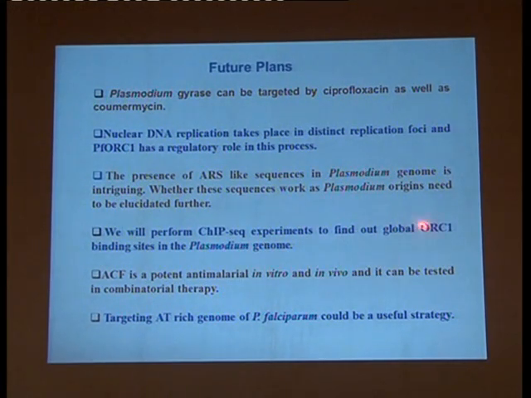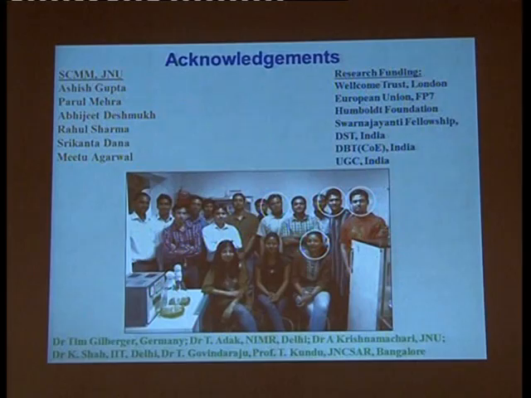So we can find those ORC binding sites as possible origin sites in Plasmodium. SEF, we believe, is a potent antiviral in vitro as well as in vivo, and it can be tested in combinatorial therapy. Targeting the AT-rich genome of Plasmodium falciparum could be a useful strategy.